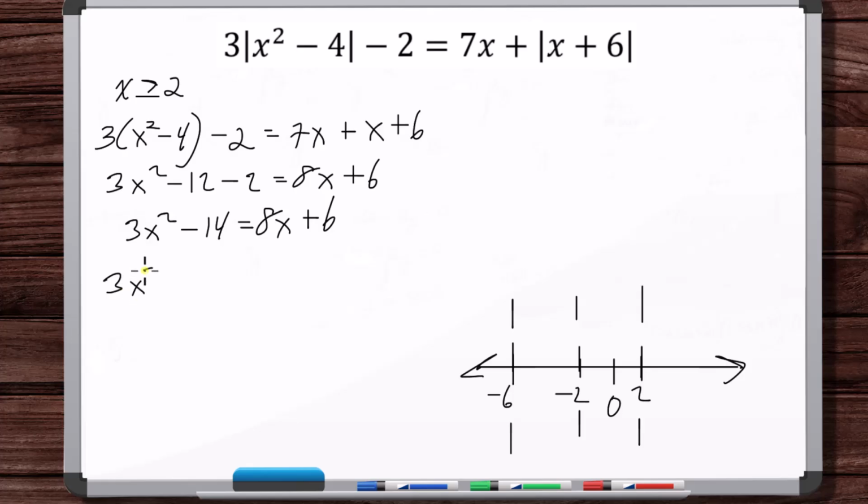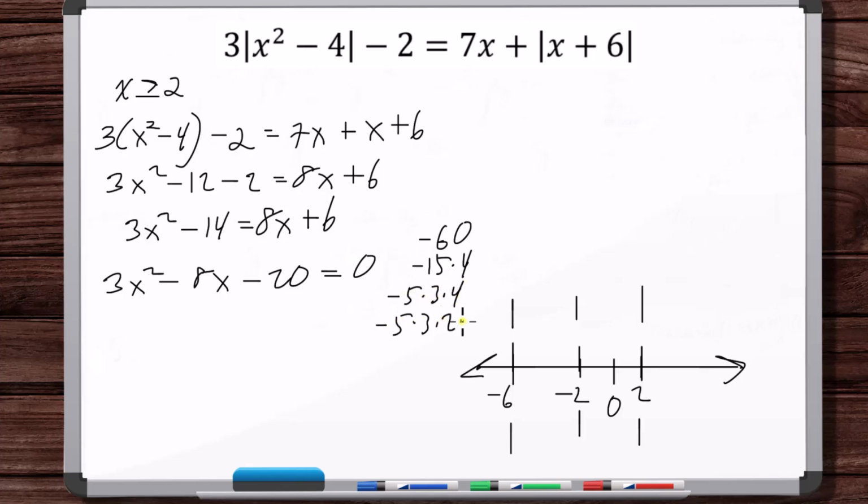Okay, 3x squared minus 8x, and subtracting 6 from both sides, minus 20 is equal to 0. Okay. Let's see. 3 times negative 20 is negative 60. So we've got, let's see, minus 15 times 4, minus 5 times 3 times 2 times 2. Can we get anything that would make an 8? It doesn't look like it. So we can't factor this. Let's just use the quadratic formula.